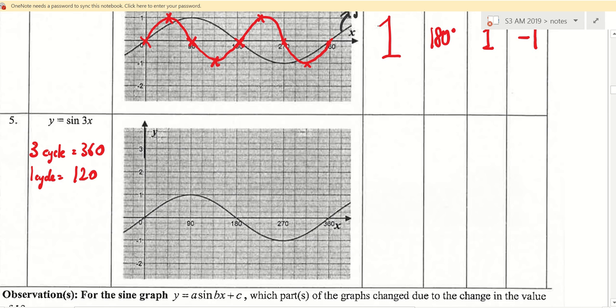So there are 4 squares here, right? 4 squares, so each square is how many? 22.5.